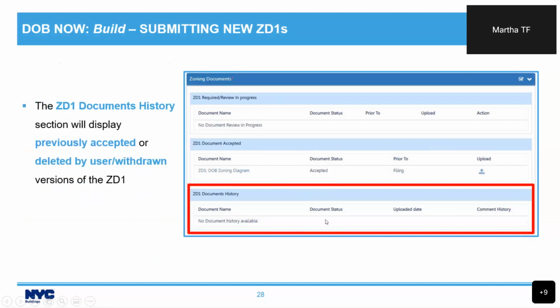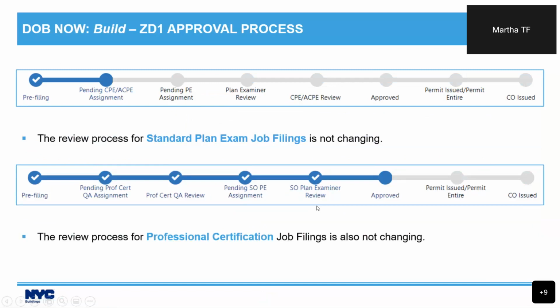The ZD1 document's history section will display any previously accepted or deleted by the user, withdrawn, versions of the ZD1. Now, the review process for standard plan exam filings and for professional certification job filings is not changing. You'll see that it's just the same as you've seen before.